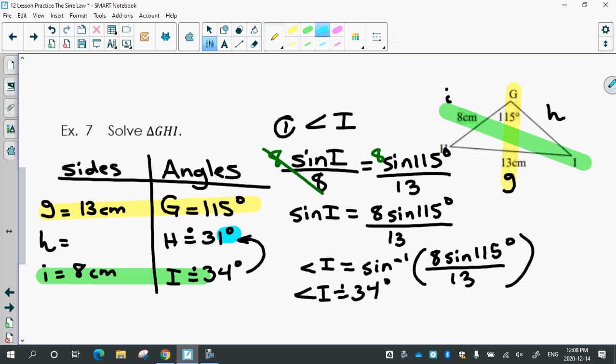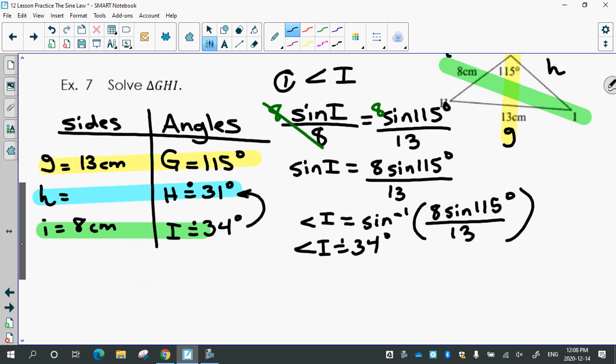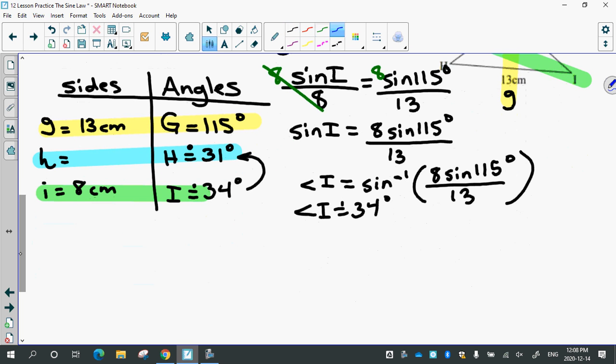So we have to find little h next using the sine law. So since it's a side, I want to start with the side on top over the sine of the angle opposite, which we now know is 31. And I'm going to stay with the yellow information because that's the stuff they gave me, and I know there's no calculation error in it.